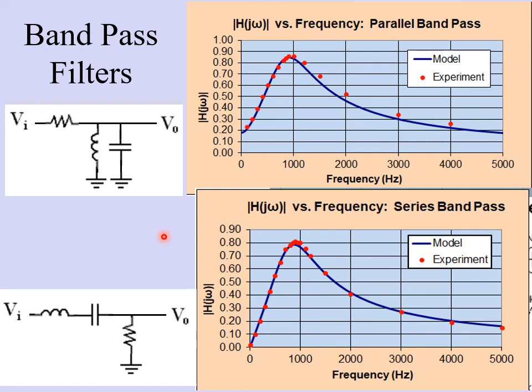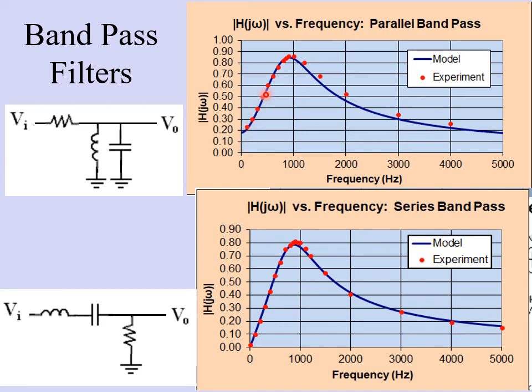These are the bandpass filters. This is a parallel architecture bandpass filter and a series architecture bandpass filter, and they have slightly different characteristics, but they both work very well as bandpass filters. You can see that the pass band is right around here where the peak is, and at low frequencies and at high frequencies, the filter rejects the signal because it has a low magnitude of the frequency response.